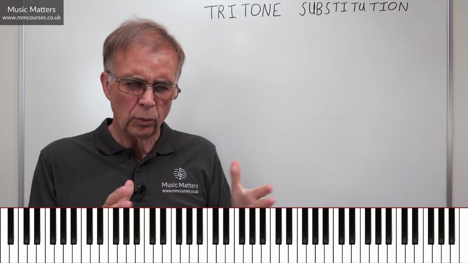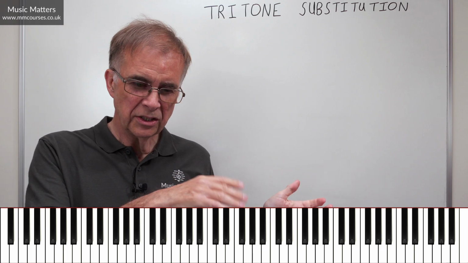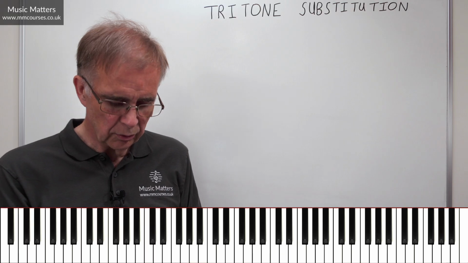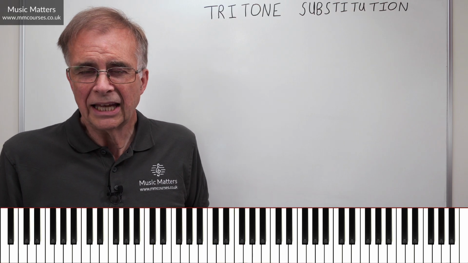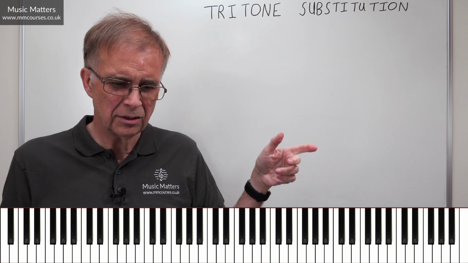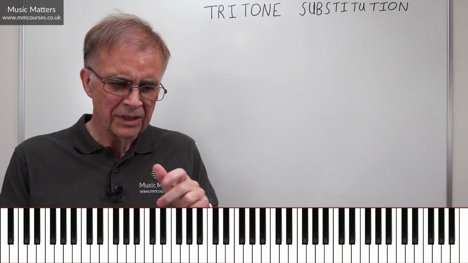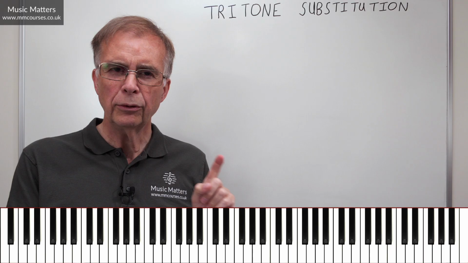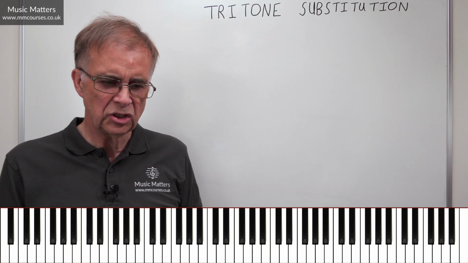Now why would I want to use a D flat 7 as some kind of substitution for a G7? Because we're really happy with our G7 going to C, aren't we? But it gets used a lot, and sometimes we might think, oh, another G7 going to a C. Could I vary that G7, do something else? Well, let's have a think about how that D flat 7 could be a substitute for a G7.